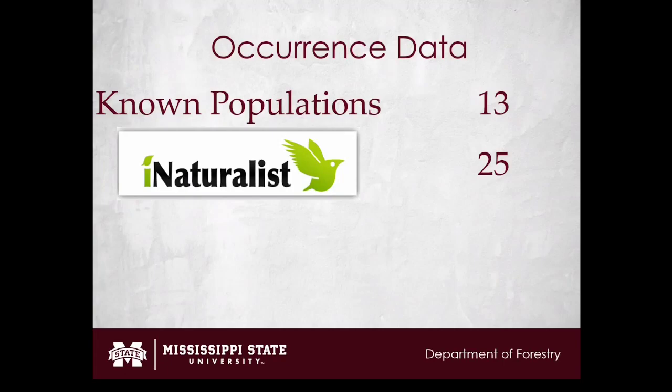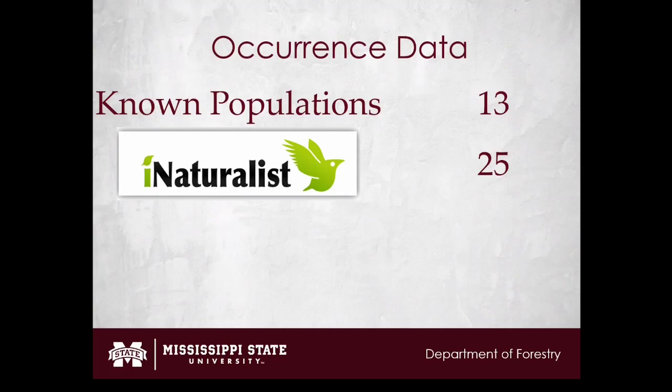I know a lot of people are aware, but for those of you that aren't, iNaturalist is very cool. Think of it kind of like a social media page for nature nerds. What you can do is go out into the woods and take a picture of any species, bird, tree, fish.